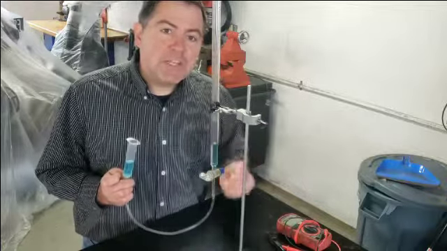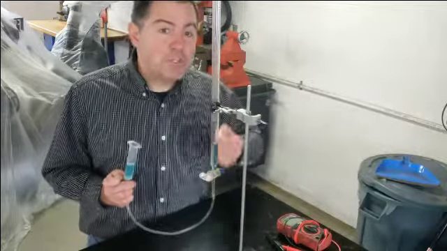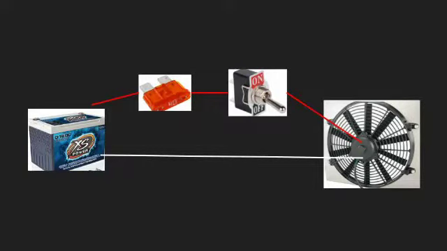And when I refer to resistance in an electrical circuit, and we're going to focus just on one electrical circuit today, we're going to focus on a fan circuit. When I talk about resistance in that circuit, I'm talking about the total resistance throughout the entire leg of that circuit.